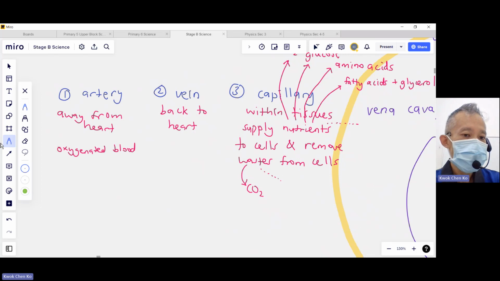Except there's one major exception. Except your pulmonary artery.